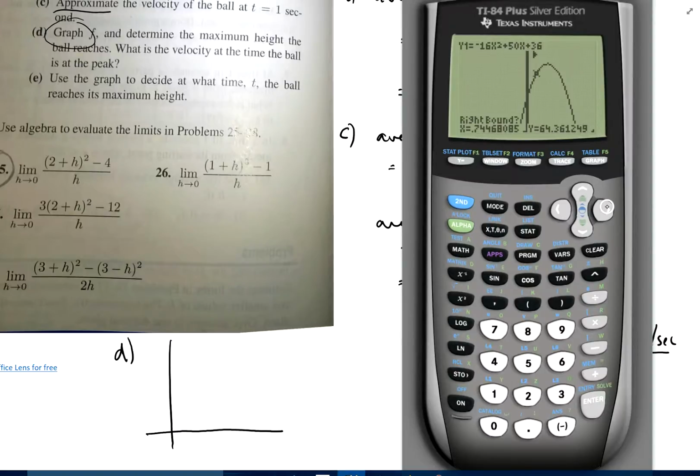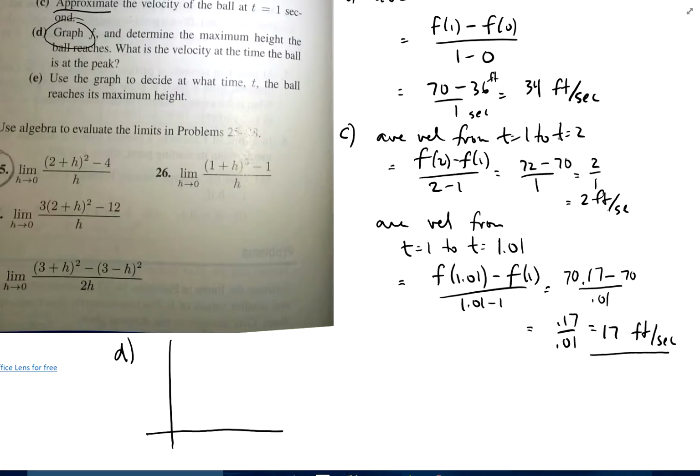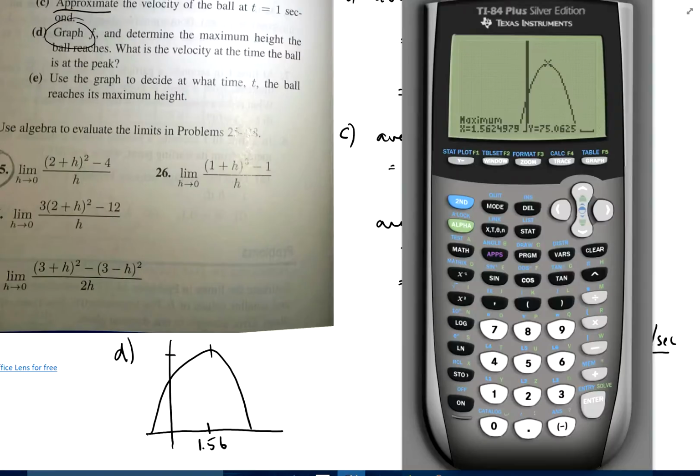And then I'm going to move it over to the right, and it'll find the maximum between them. It says guess. So the max height happens when x is 1.56 and it's 75.06.